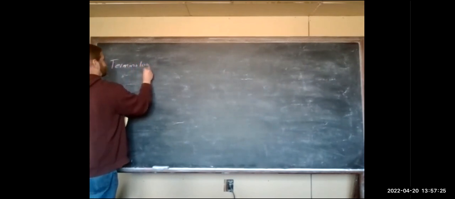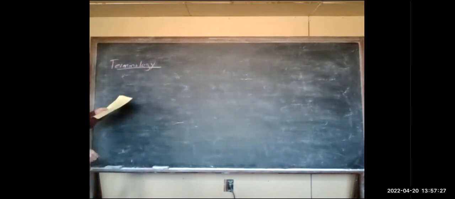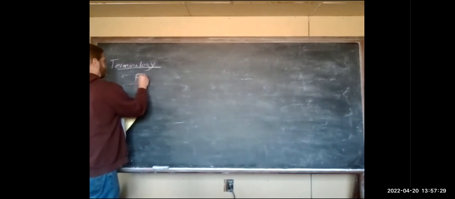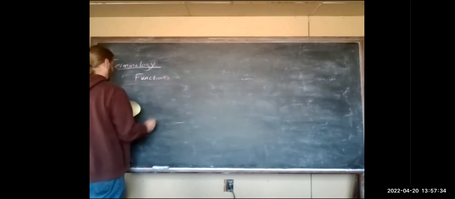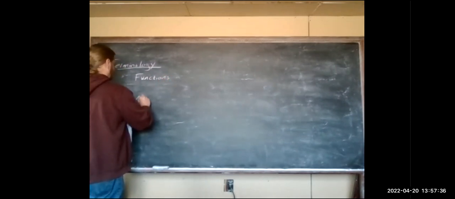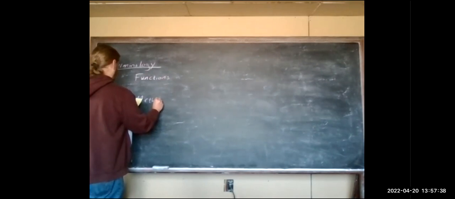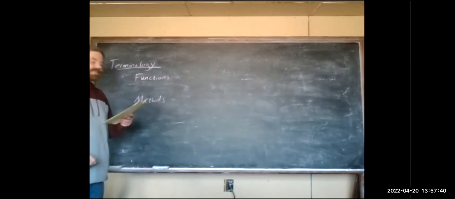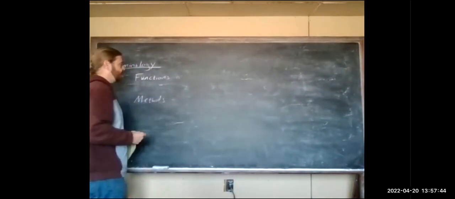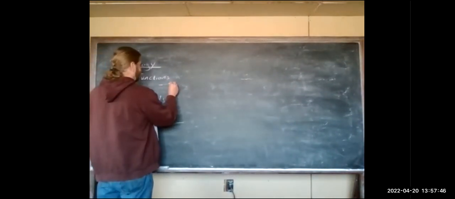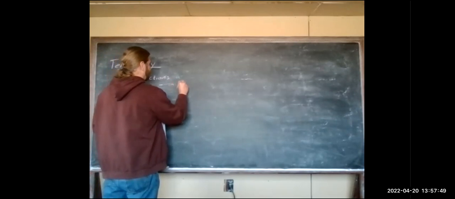Some terms. Terminology that we'll use with this was kind of what I have in the notes here. I've already used both words, I think. So we'll often call them functions and methods. And they're essentially the same thing. The difference between them is where we're using them. Functions are in procedural programming.